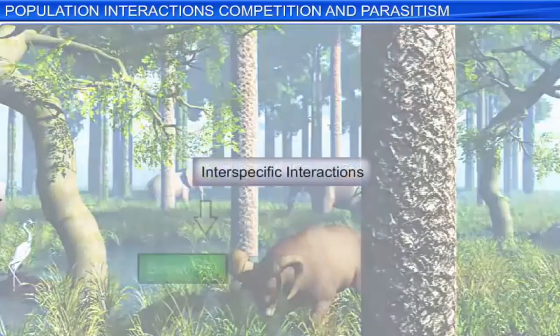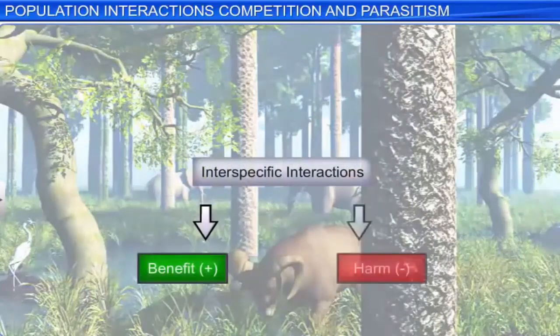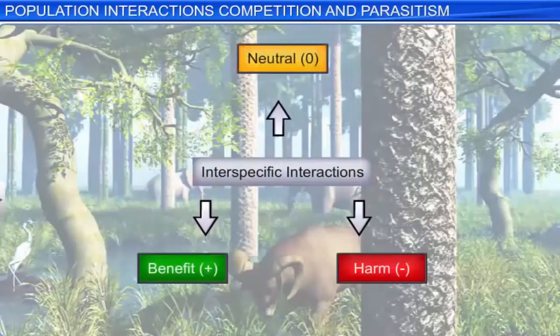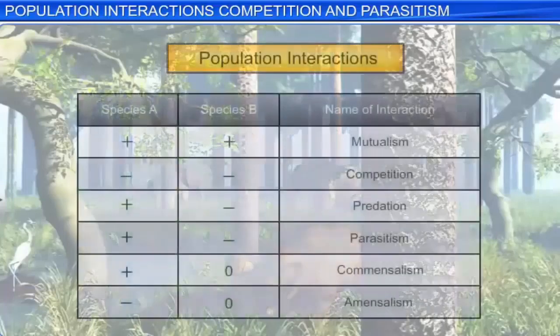Such interactions may benefit, harm, or have a neutral effect on one or both species. Using a plus sign for beneficial interaction, minus sign for detrimental or harmful interaction, and 0 for neutral interaction, the possible outcomes of the interspecific interactions are shown in the table.